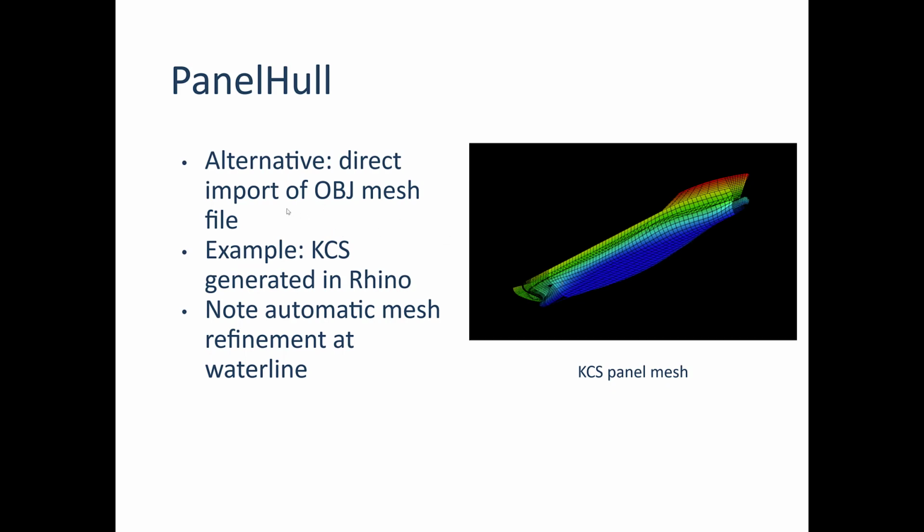You can see an example of a sample project with the KCS, the KRISO container ship vessel, where an OBJ mesh file has been generated for you, and you can see how it works with that. This was generated in Rhino. And again, even though it was generated in Rhino, Shipmo3D will automatically refine the mesh along where the water line is, which is handy.